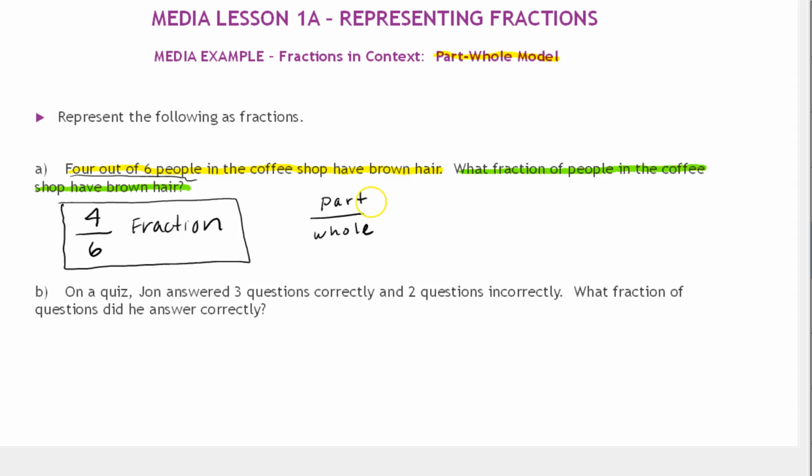And in this case in particular, you can determine what the whole is by reading the question. So notice it says, what fraction of people in the coffee shop have brown hair? So this is telling us that our whole, what we're looking at, is all the people in the coffee shop, and the part is specifically the people that have brown hair that are in the coffee shop.